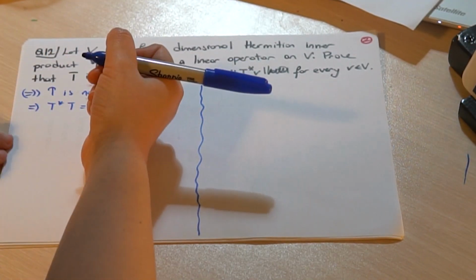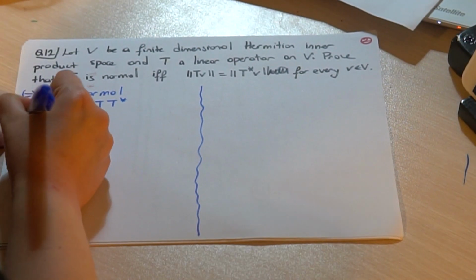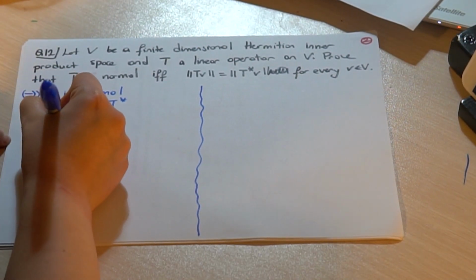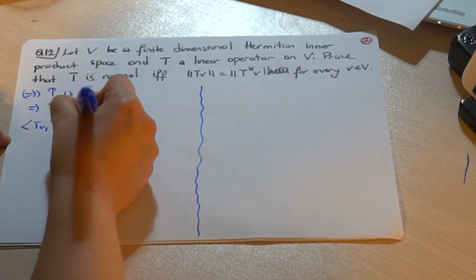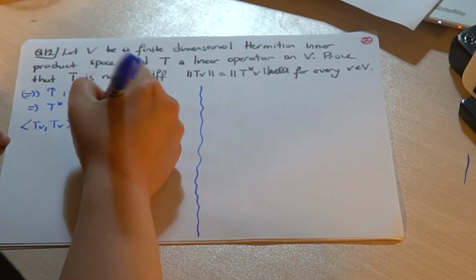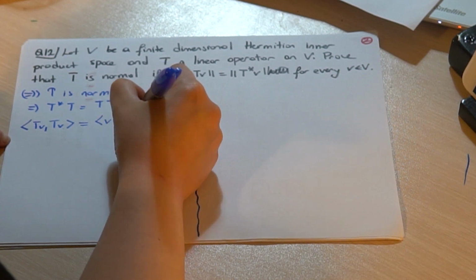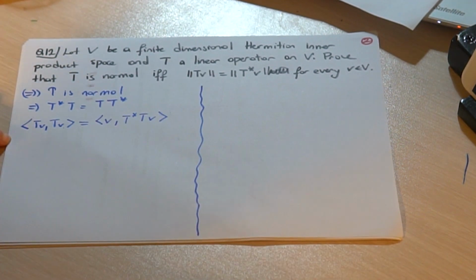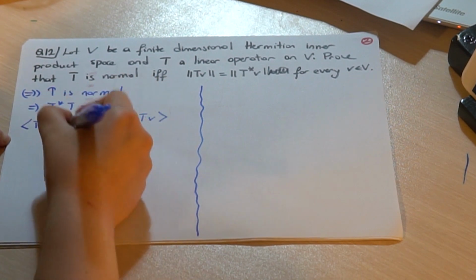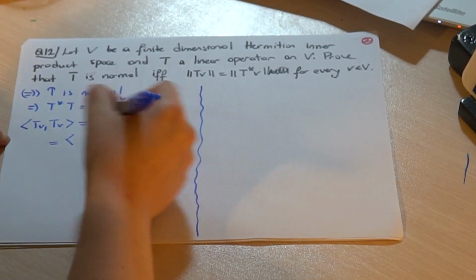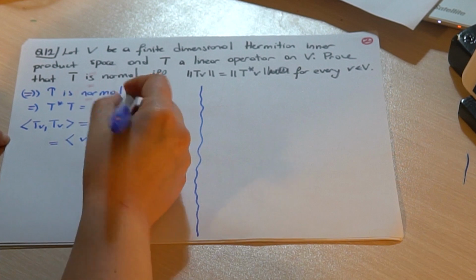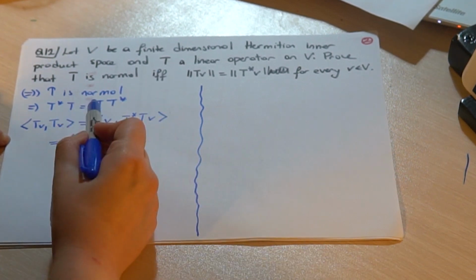So, let's look at ⟨Tv, Tv⟩. Now, we can take the adjoint from here. So, we have ⟨v, T adjoint T v⟩. Now we have that T adjoint T is equal to T T adjoint.